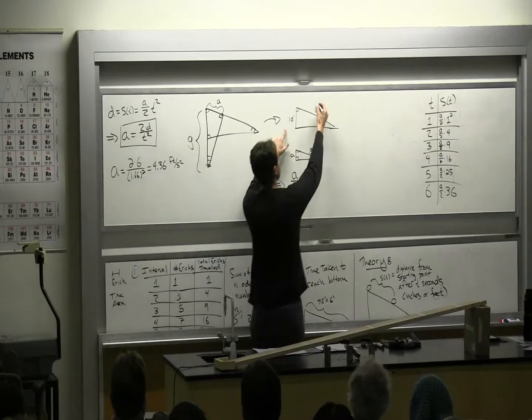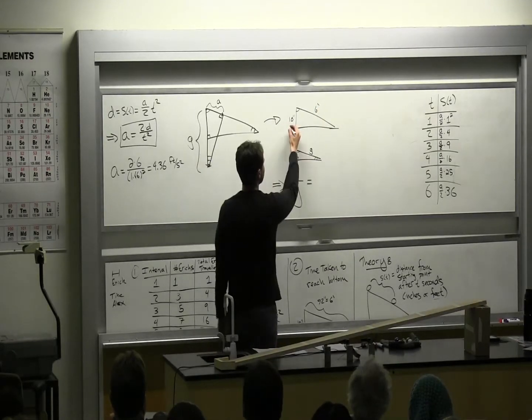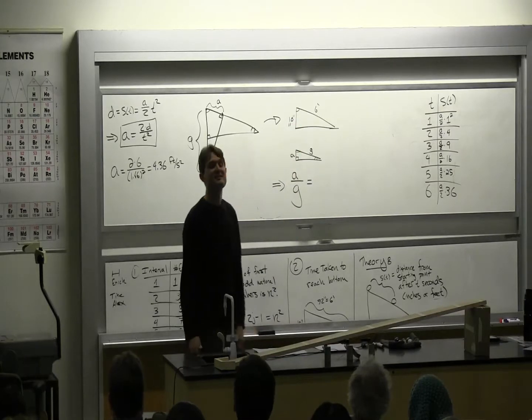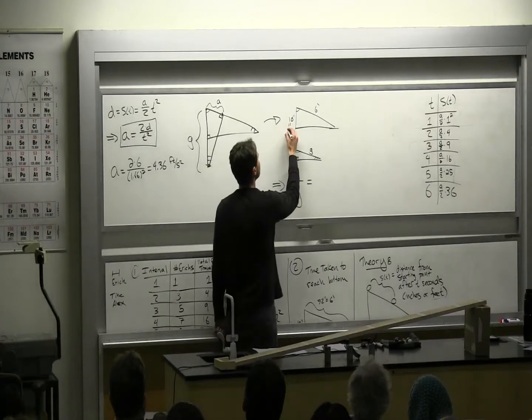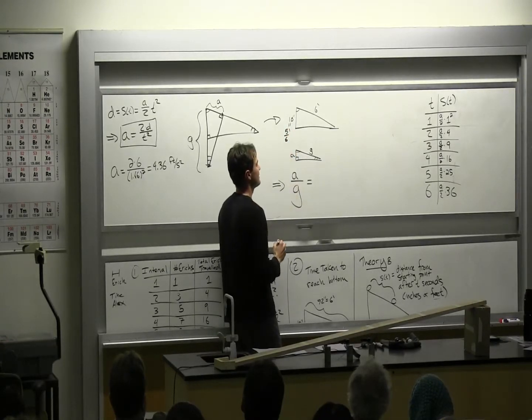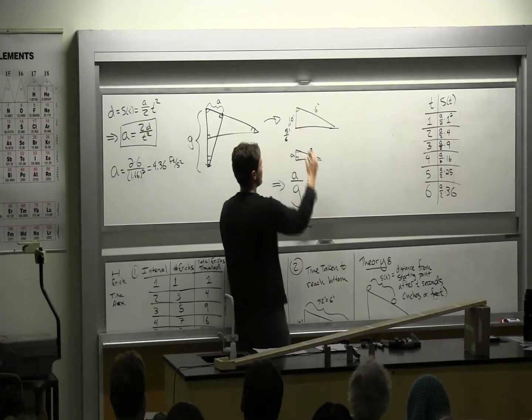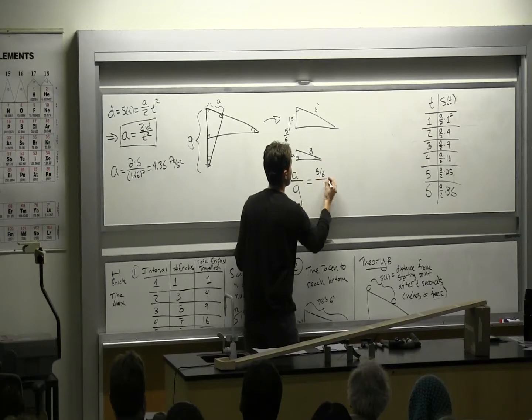That's 10 inches, this is 6 feet. Okay, so before I write this down, 10 inches is how many feet? 10 divided by 12, 5 over 6. Yeah, so this is 5/6 of a foot. Okay, so A over G must be equal to 5 divided by 6 divided by 6.